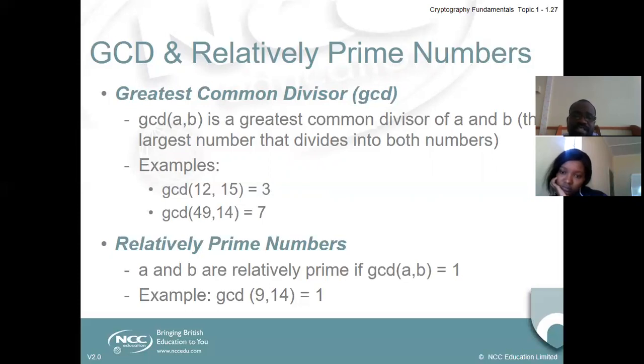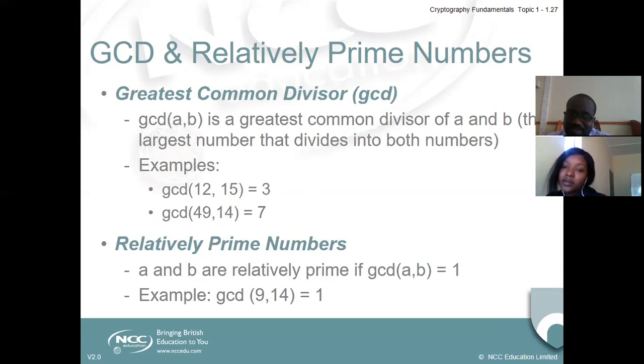Examples of GCD: we're going to have 12 and 15. How many 3s can go into 12 without a remainder? Okay, so it's a divisor. What about 15? Can 3 go into 15 without a remainder?